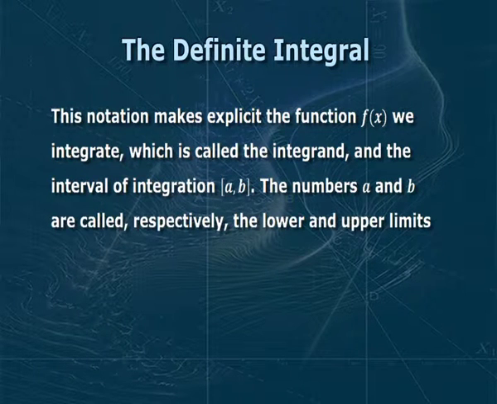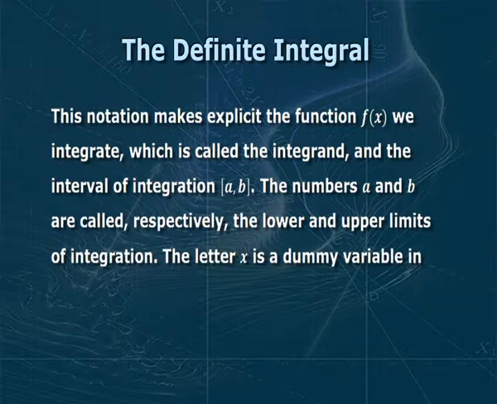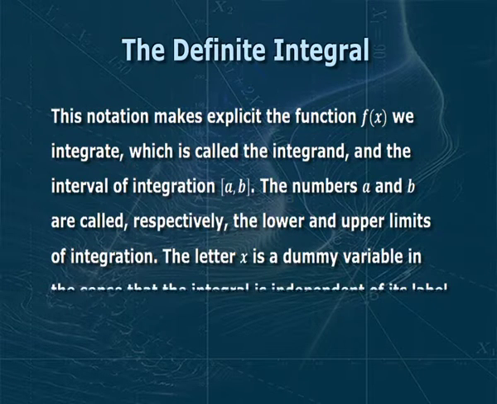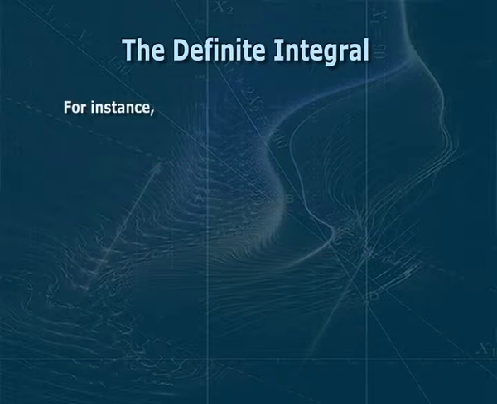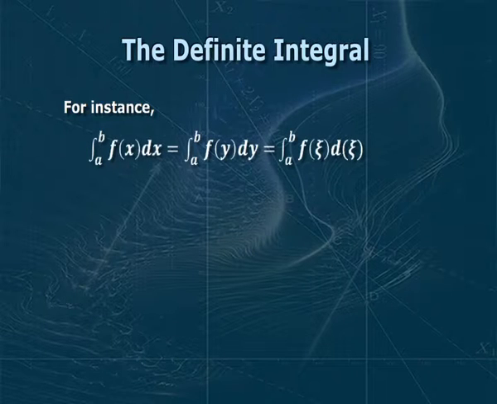The numbers a and b are called respectively the lower and upper limits of integration. The letter x is a dummy variable in the sense that the integral is independent of its label. For instance, integration of f of x dx from a to b is equal to integration of f of y dy from a to b is equal to integration of f of epsilon d epsilon from a to b.